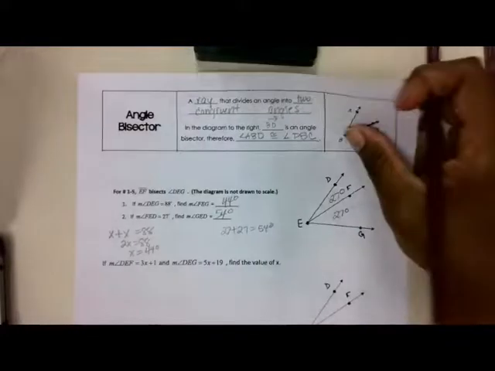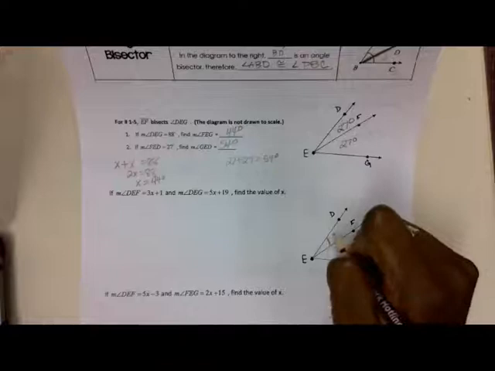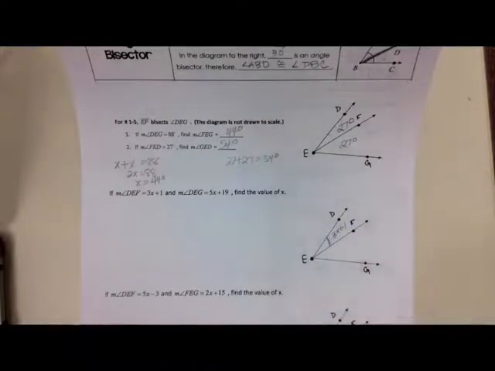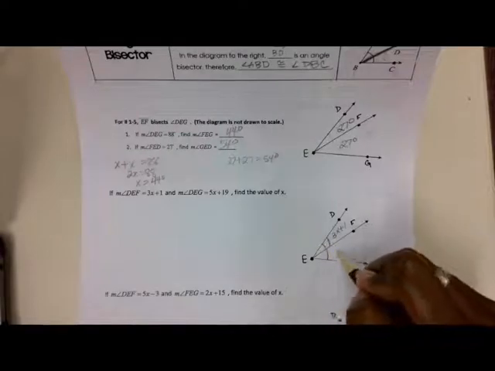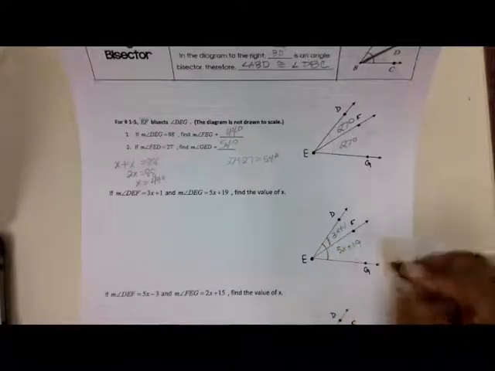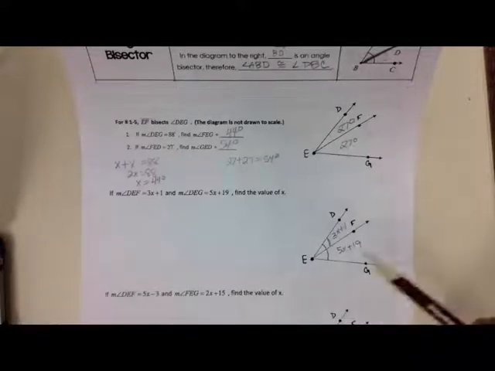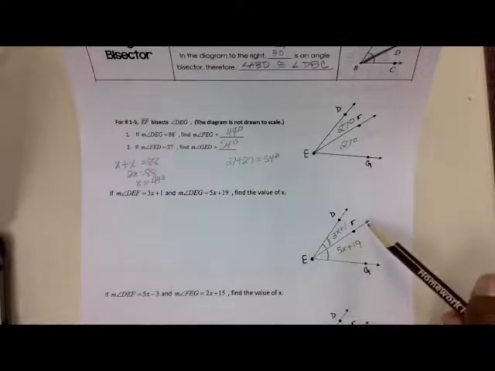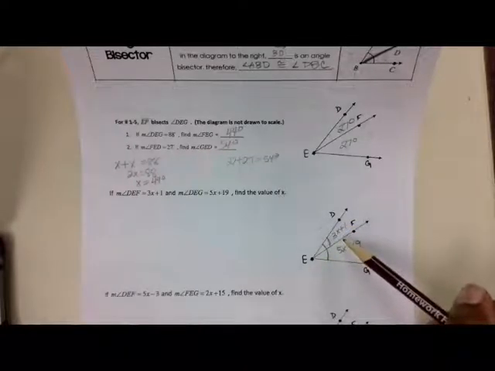Alright. If DEF is 3x plus 1, and DEG is 5x plus 19, that's the whole thing, find the value of x. Well, we know that EF is an angle bisector, so if DEF is 3x plus 1, that means FEG is also 3x plus 1.